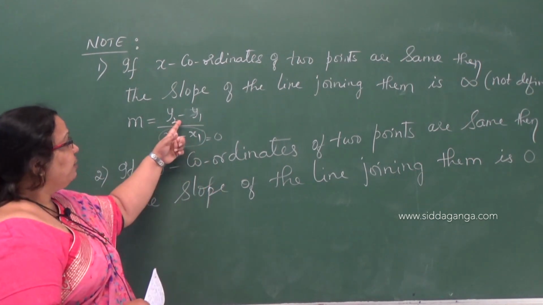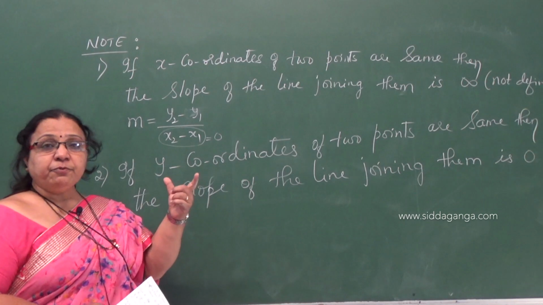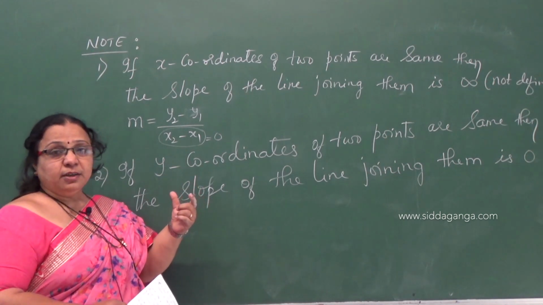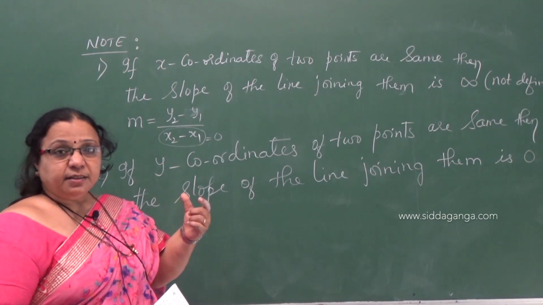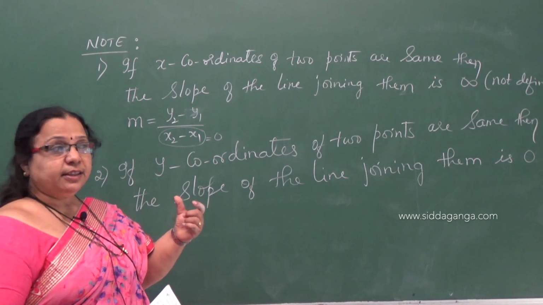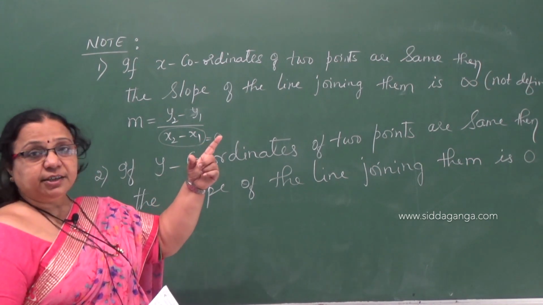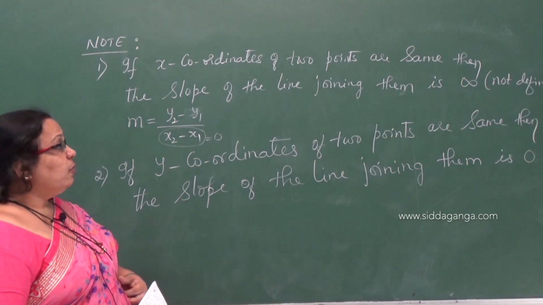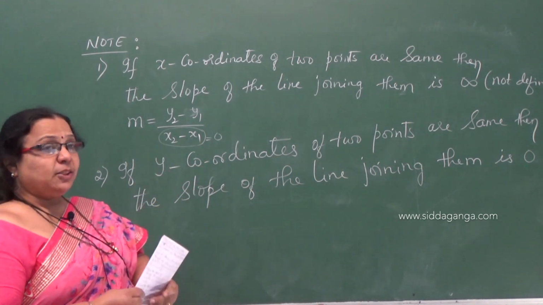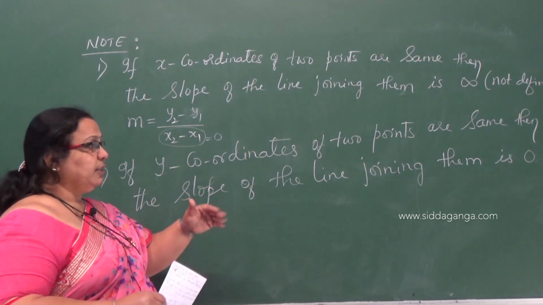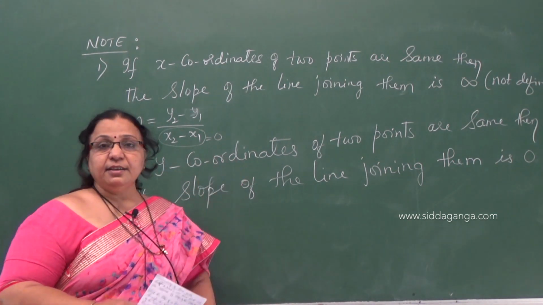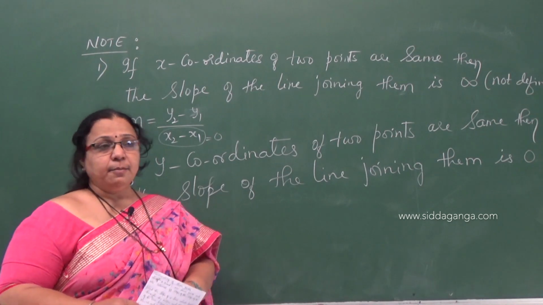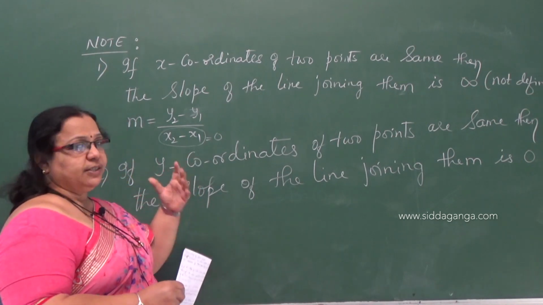Because the y coordinates come in the numerator. So if the x coordinates of the 2 points are same, then the slope of the line joining them is not defined, represented as infinity. So we should know this concept. Instead of substituting every time, we can directly write the answer by knowing this concept.